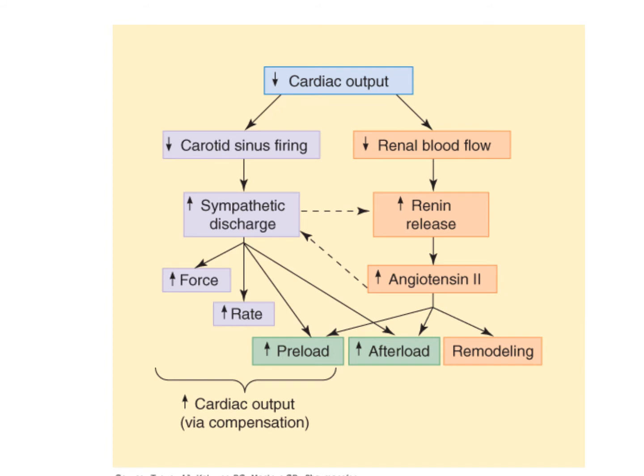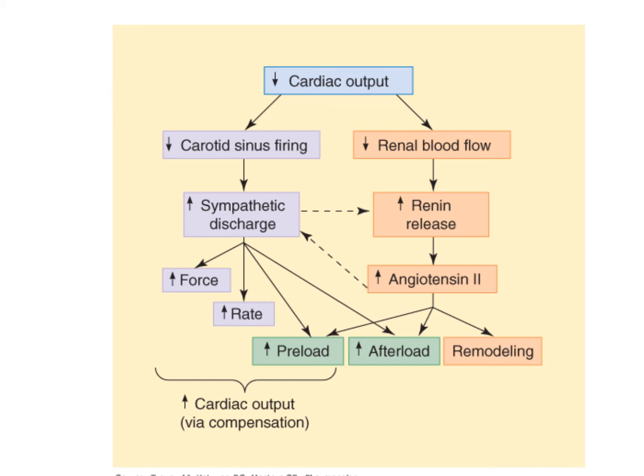This scheme also summarizes what we're talking about, the compensatory mechanism and the events associated with reduction in the cardiac output. As we said, decreased renal blood flow, decreased renin release and angiotensin, ending with an increase in the preload and afterload and remodeling.